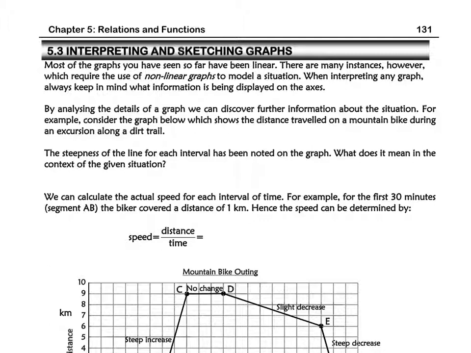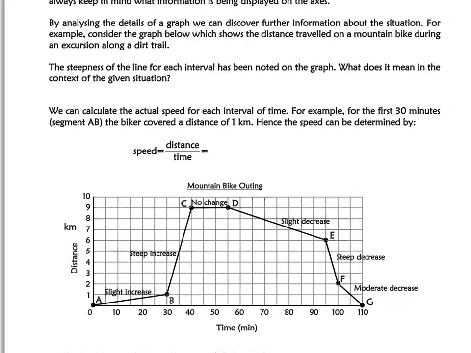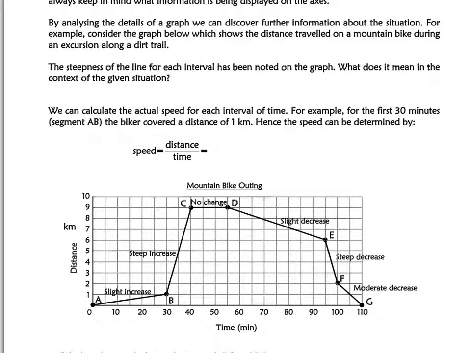The graphs that we're going to be looking at are going to be mostly composed of different line segments. When you look at the graph below, you'll see that the steepness of the line changes, and that has some significance to the meaning of the graph. In this particular graph, the vertical axis represents distance in kilometers, and the horizontal axis represents time in minutes.